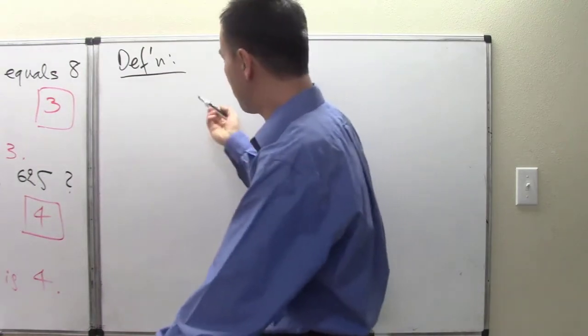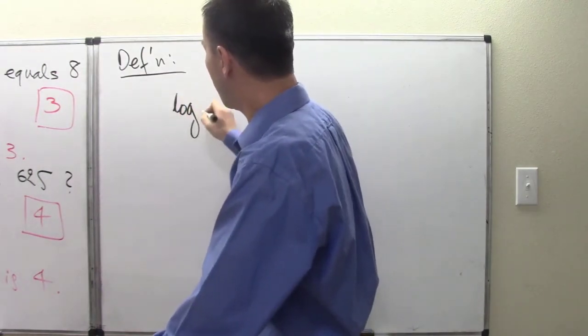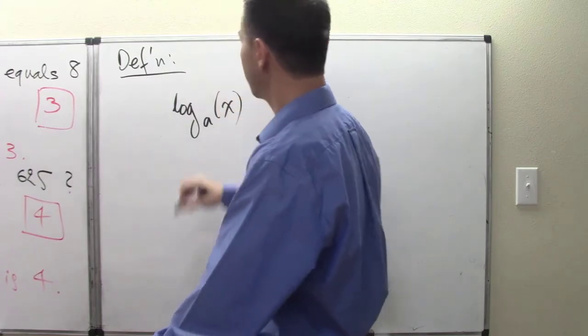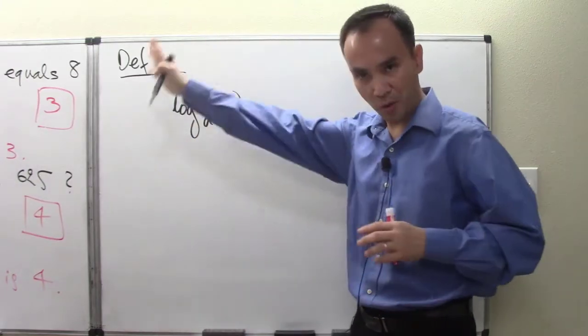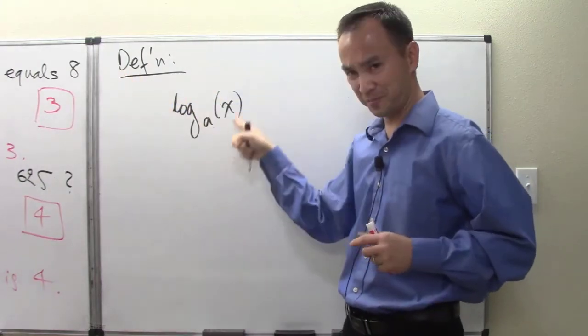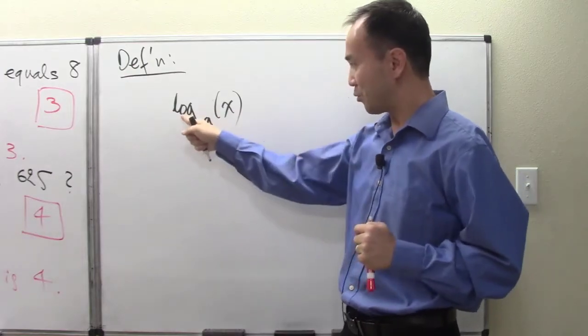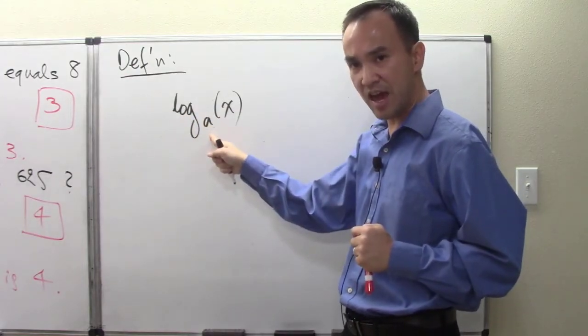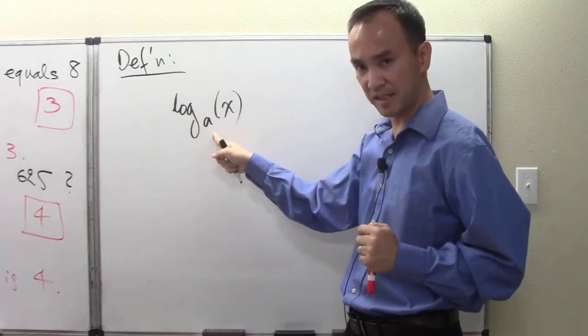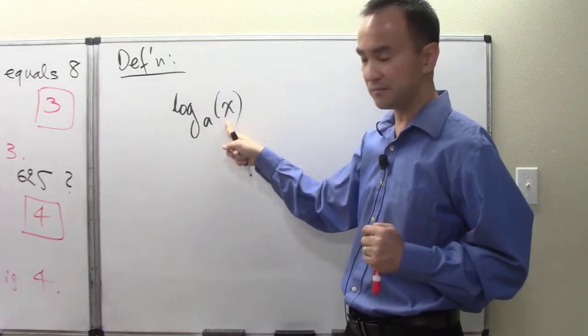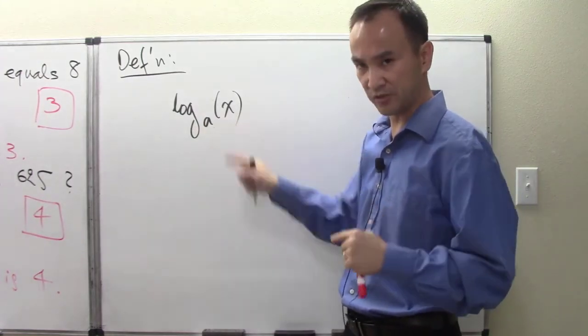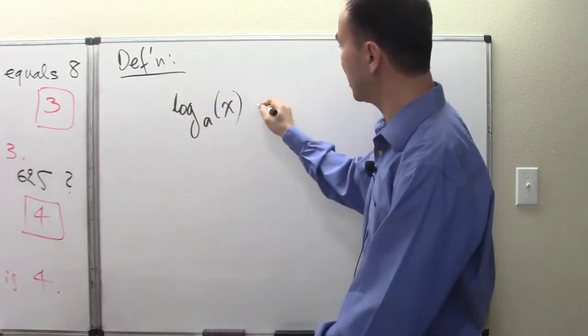All right, so again, at this point, log base a of a number. We understand that in my way of explaining it, it's a question, okay? So what power of base a equals x right here? It's a question. So that question equals an answer.